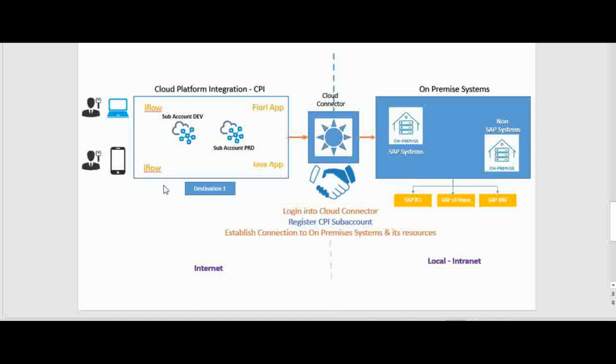Both are connected via the cloud connector. This cloud connector will know from which subaccount it should receive the request, and for each subaccount what resources are available to them. So it is very secure now.